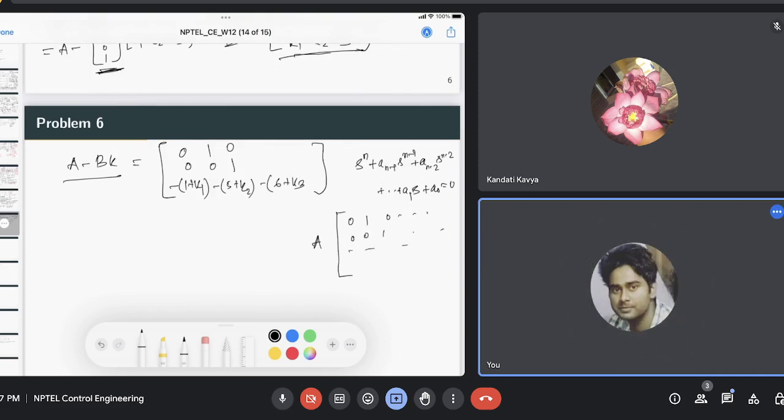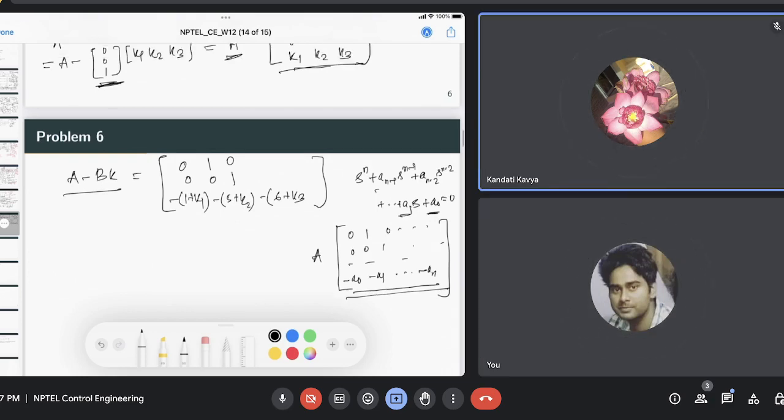The last row will be minus a0, minus a1, up to minus a(n-1). These coefficients just appear in the controllable canonical form. So just by observing this last row, we can directly write the characteristic equation. We don't have to use the determinant of sI minus A equal to 0. Is that clear? For this controllable canonical form, is this part clear?